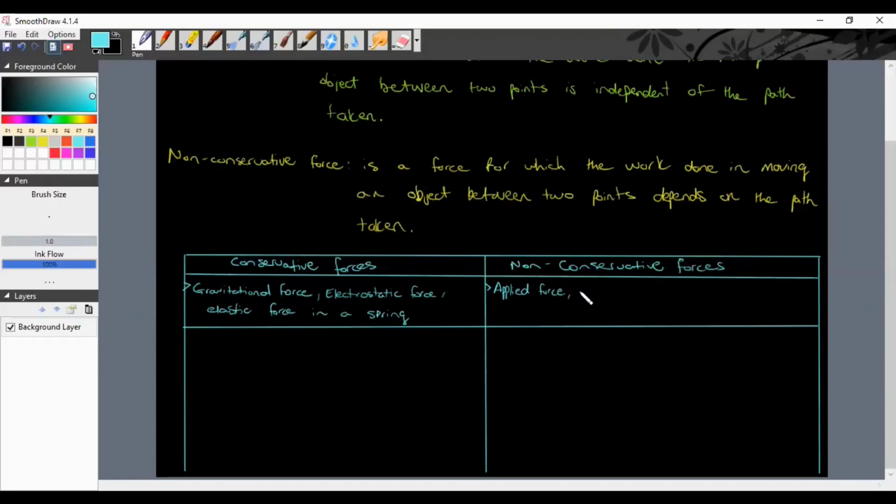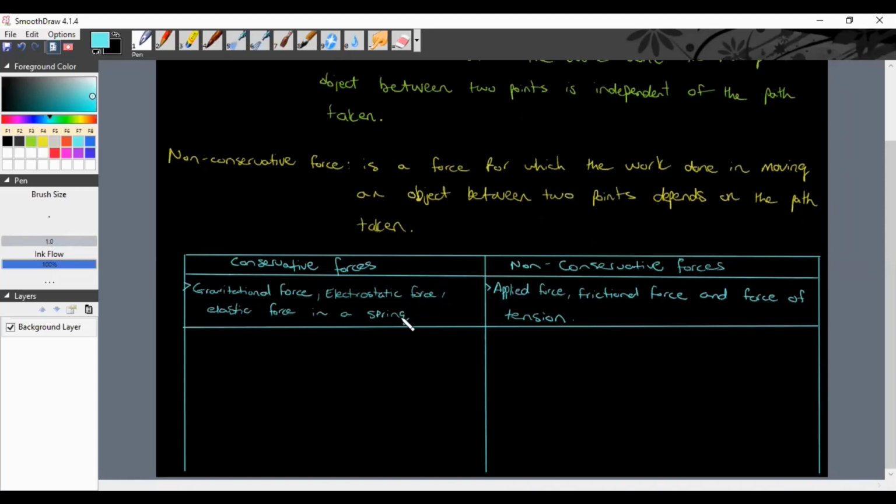Also the frictional force, as well as the force of tension, which we probably haven't seen for a while. So we've classified what conservative and non-conservative forces are, and we have names for each.